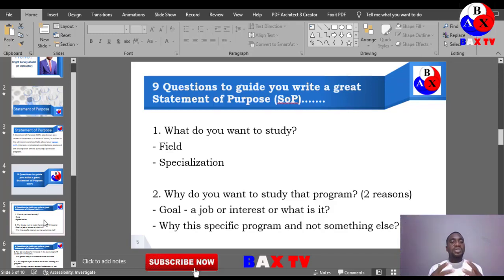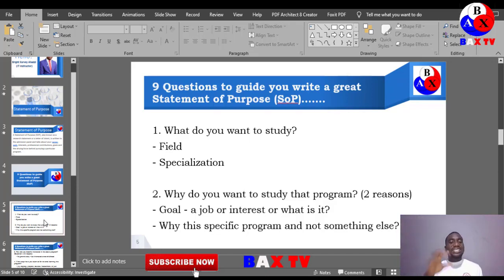When we mean by what do you want to study, we are talking about the field or the specialization. For instance, I have an IT background. So maybe I want to study a Master of Science or PhD in a program like cybersecurity and digital forensics, or let's say MSc, that is Master of Science in cybersecurity and digital forensics.